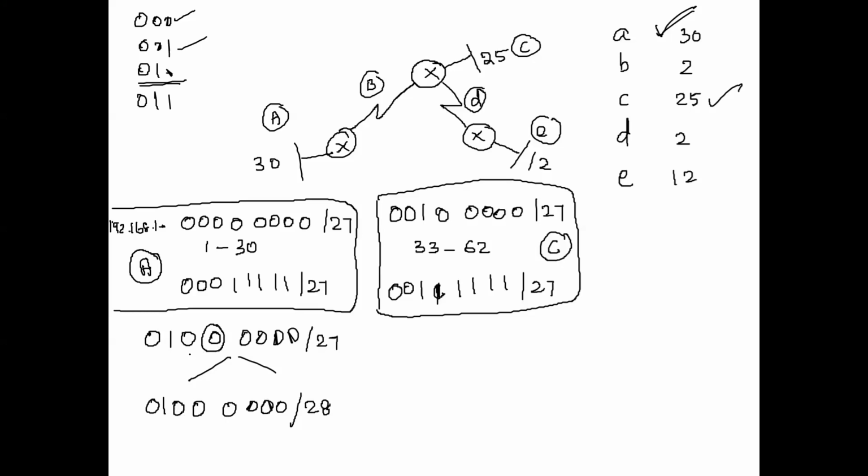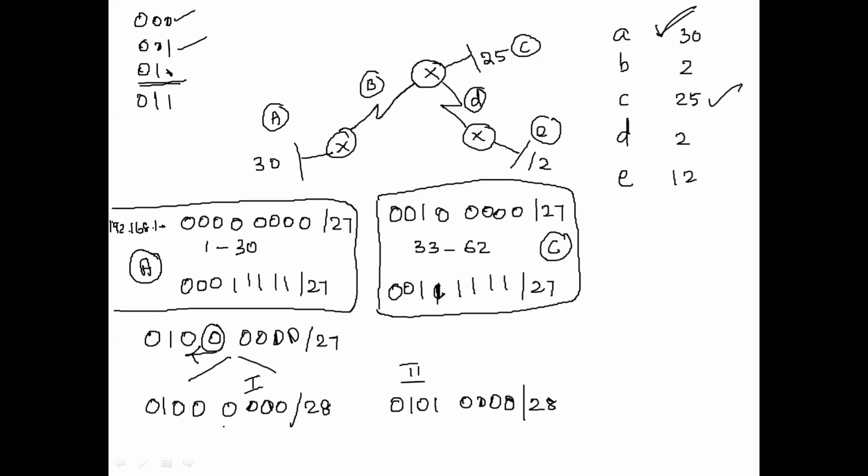By borrowing one more bit, I have split this into 2 networks. This is the first block, and the second block is created as 0, 1, 0, 1, 0, 0, 0, 0 /28. So this is how I have split it.